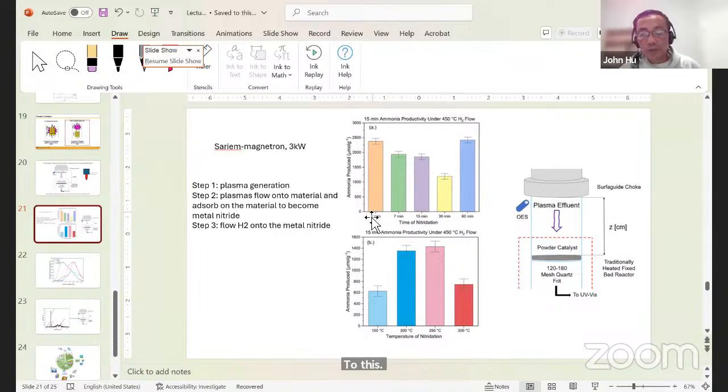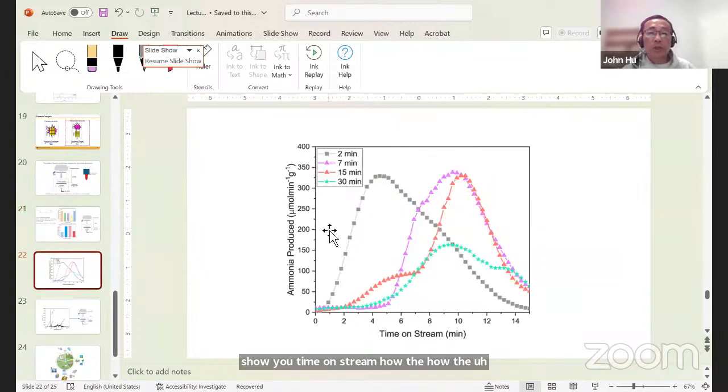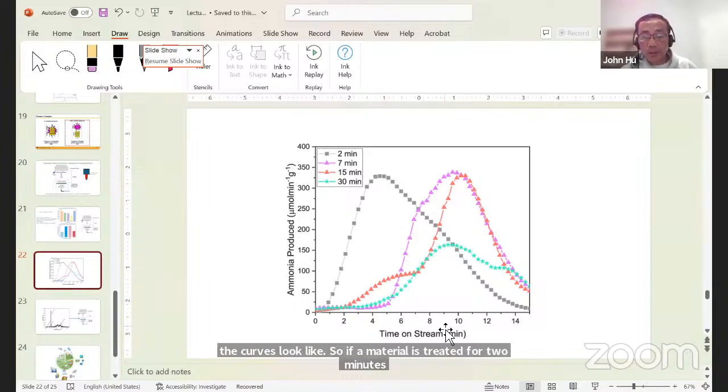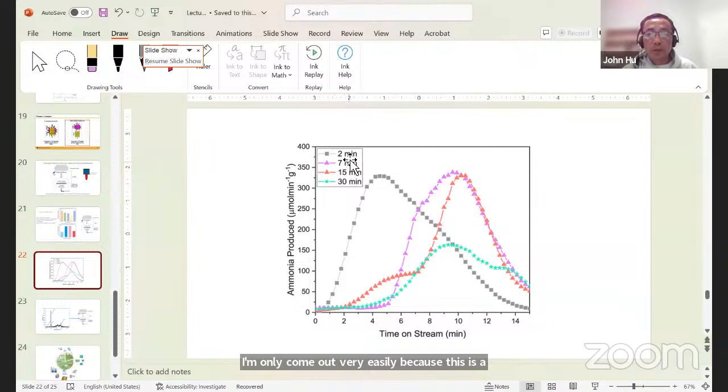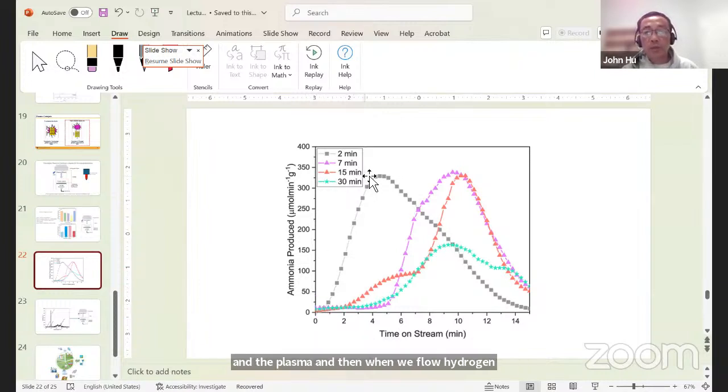But for each individual 2 minutes, 7 minutes, we show you time on stream, how the curves look. If a material is treated for 2 minutes, ammonia comes out very easily. That means if we pretreat the material for 2 minutes with the plasma, and then flow hydrogen, you can see ammonia come out, the peak at 5 minutes.